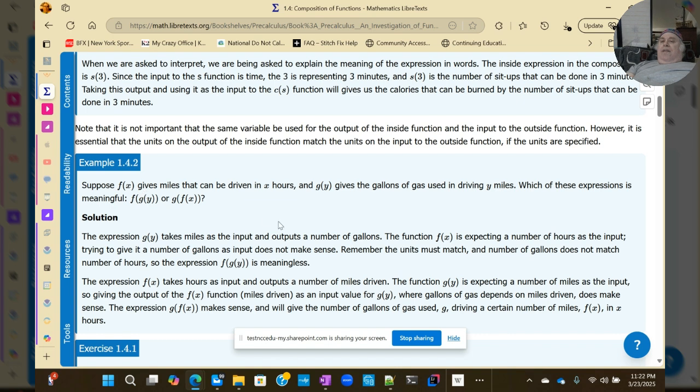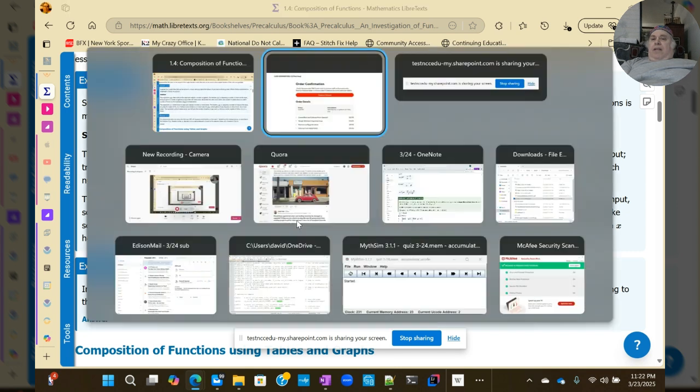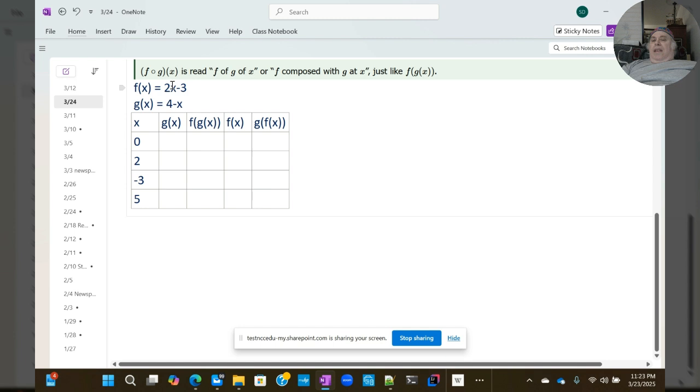So there are a few simple ideas based on cost functions, but I'm going to show you how they work right here. Let's take two simple linear functions. f of x is 2x minus 3. g of x is 4 minus x. To get f of g of 0, we start by getting g of 0, because the 0 goes to the function next to the x.